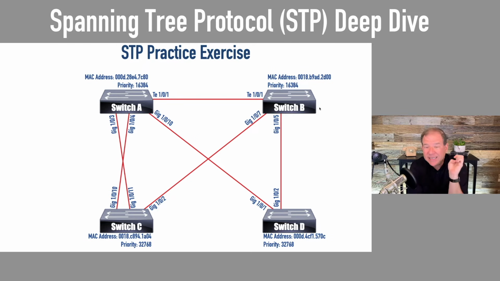TE means 10 gig. Remember the cost of a 10 gig link using that short path cost method was 2. So a gig link, you'll need these numbers for this exercise. The cost of a gig link is 4. The cost of a 10 gig link is 2. And I've shown you the priorities on screen for each switch, and I've shown you their MAC addresses.